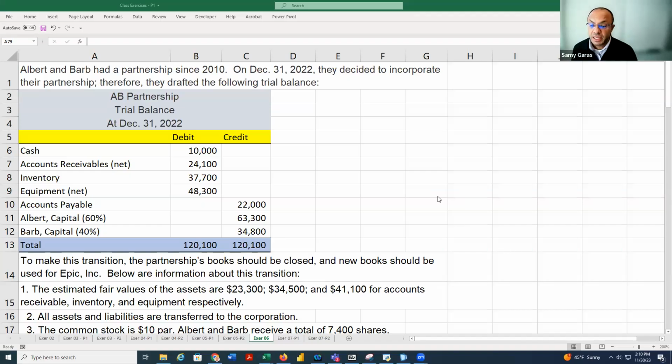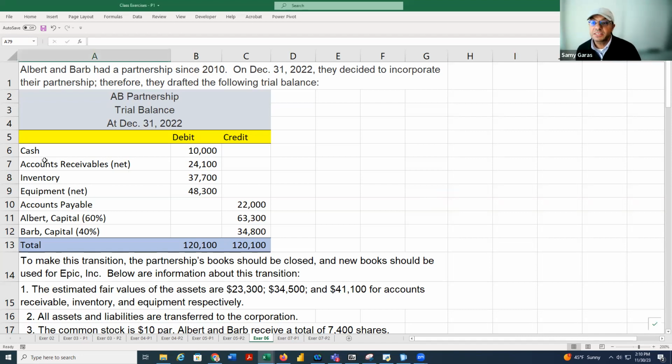In this exercise 6, where I stopped in my previous presentation, it's talking about journal entries only. And to give you a quick recap, here is a company that has two partners, Albert and Barb, and both of them decided to change the partnership into a corporation.